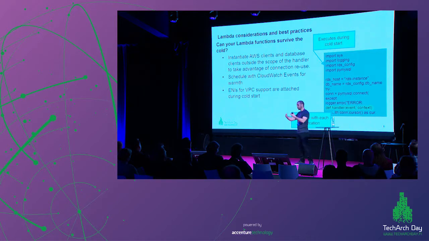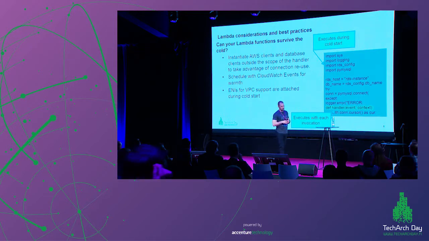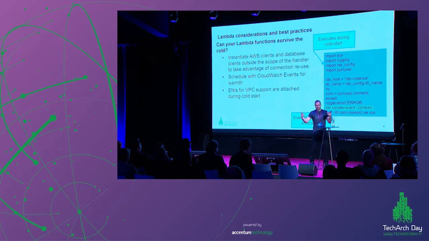They are Linux containers that are baked by AWS. But those containers do share some resources, right? And because of that, you can and you should initiate your database calls outside the scope of the function so that other functions might reuse that if they were sharing the same infrastructure, okay?